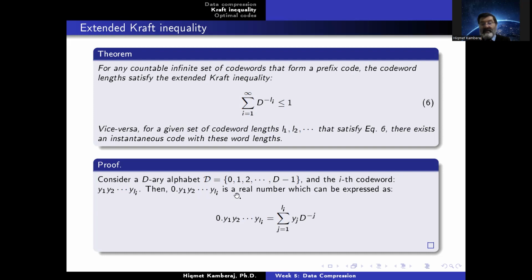It's a decimal number, which can be expressed, this you might know from other courses, as the following. 0 point Y1, Y2, and so on, YLi is equal to the sum of j from 1 to Li of Yj times D to the power minus j. This formula you might have learned if you express a decimal number or integer number into the binary number, and vice versa. So this is something that you might have learned also before.